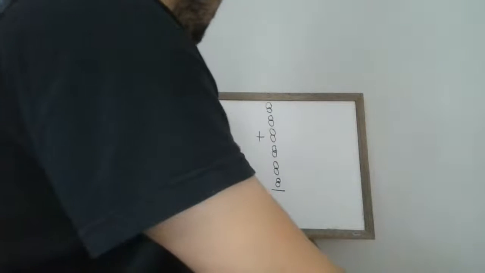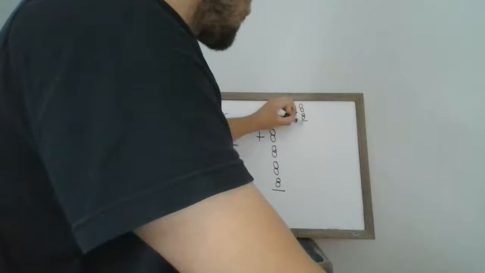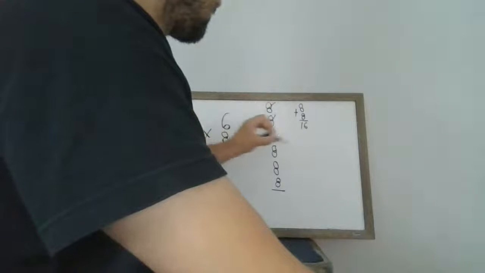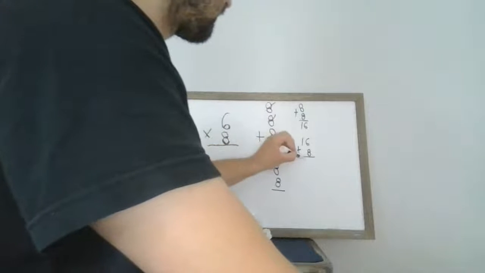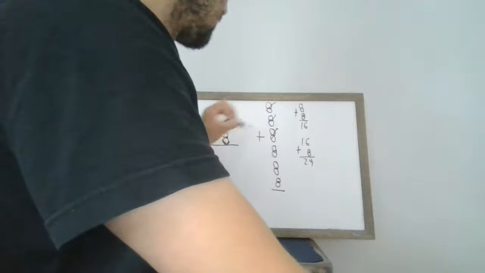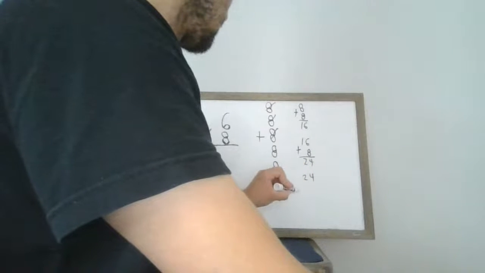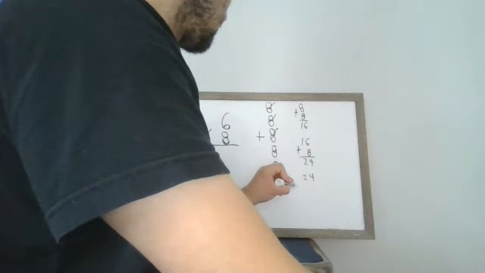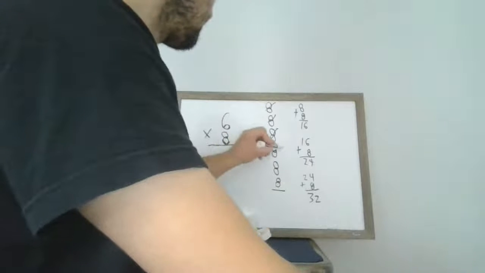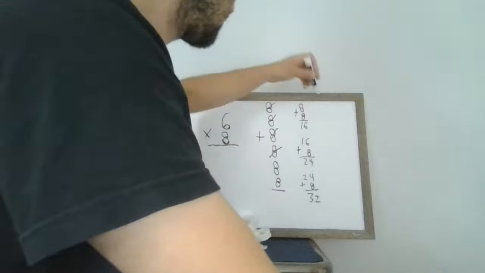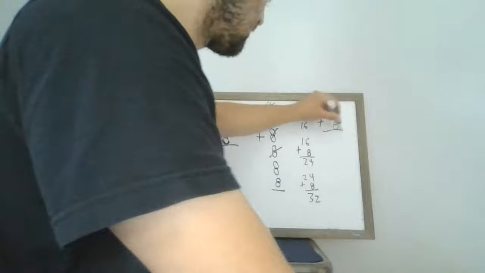All right. So we'll go with the skip count strategy first. So 8 plus 8, we all know that is 16. 16 plus 8 is 24. 24 plus 8 is 32. 32 plus 8 equals 40.